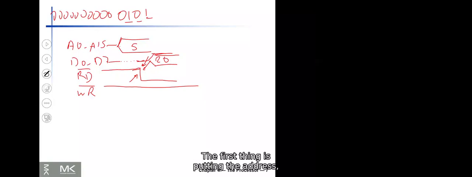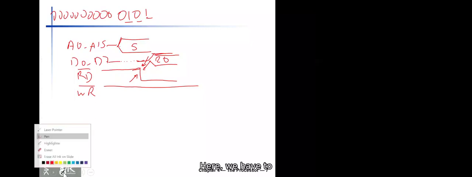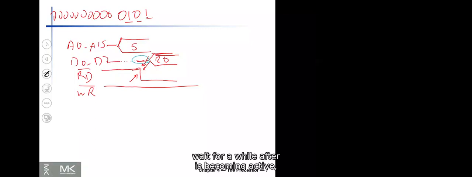The first thing is putting the address. The next thing is putting the read. Then we have to wait for a while here. We have to wait for a while after read becomes active until the memory works and brings the value to the data bus, and then we get the data.